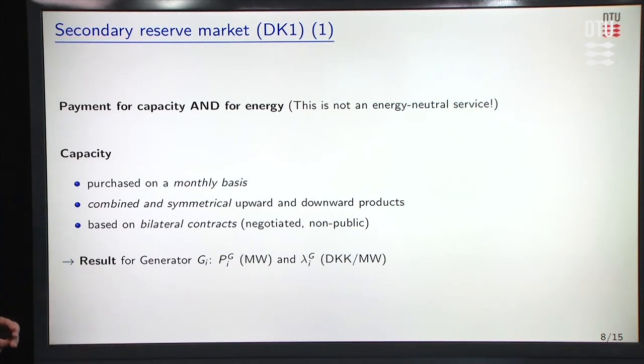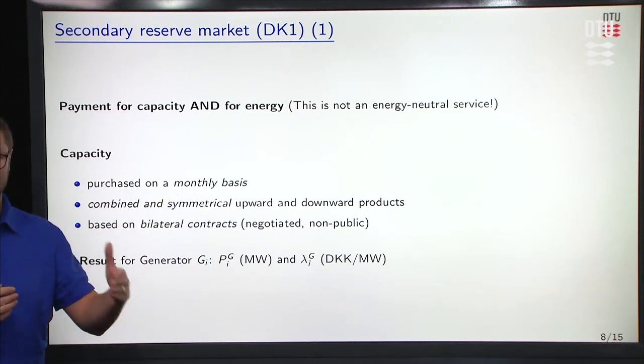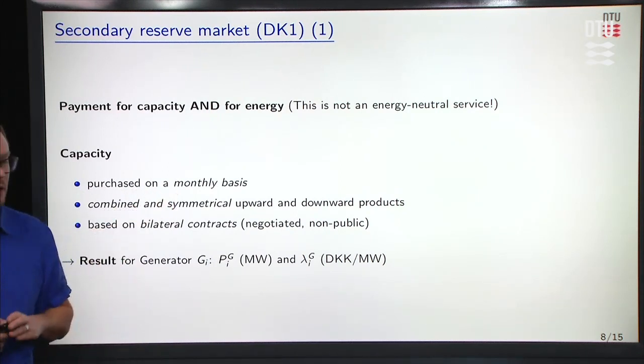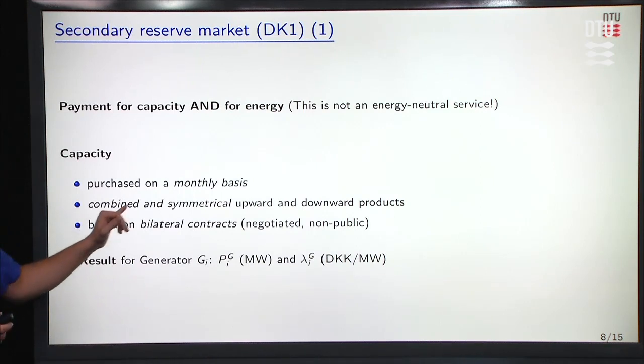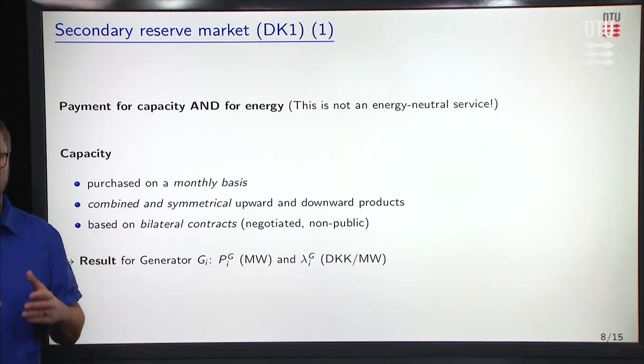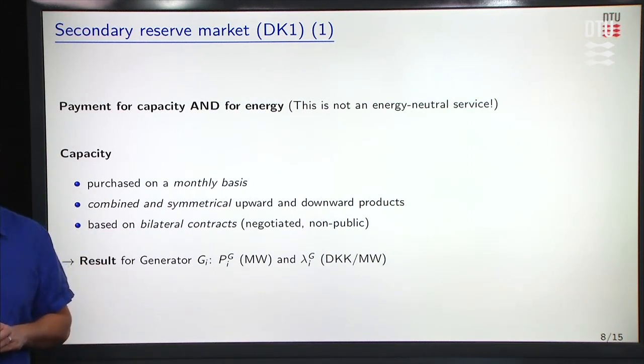In terms of capacity, this is purchased on a monthly basis, so these are contracts for a certain period. The products are combined and symmetrical, upward and downward, so you have to be able to provide the secondary reserve in both ways up to the capacity agreed upon.